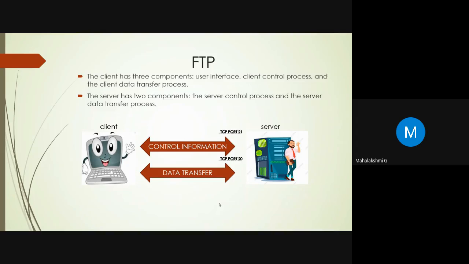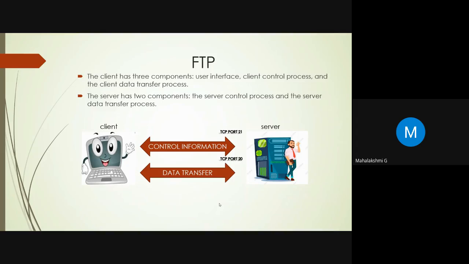It opens each time a command involves transferring. When you send a command to transfer a file, it will be opened, and it closes when the file transfer is completed. In other words, when a user starts an FTP session, the control connection opens.